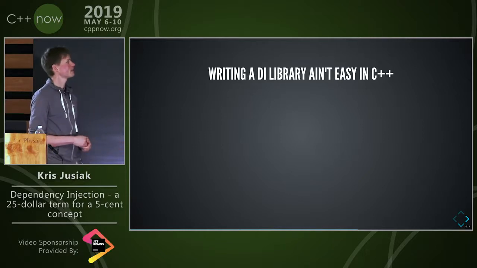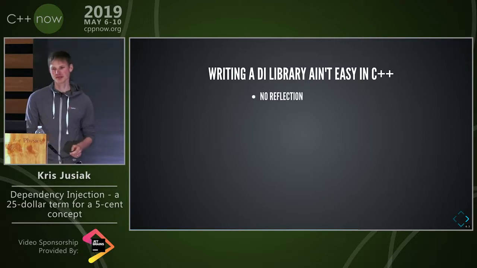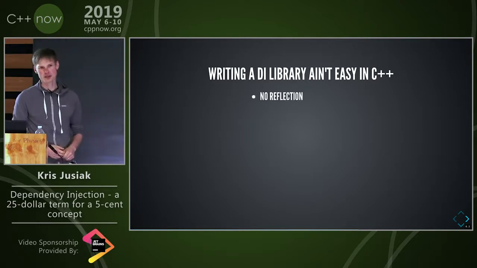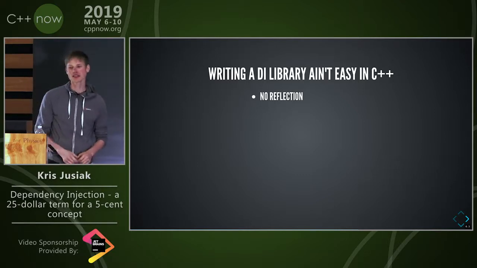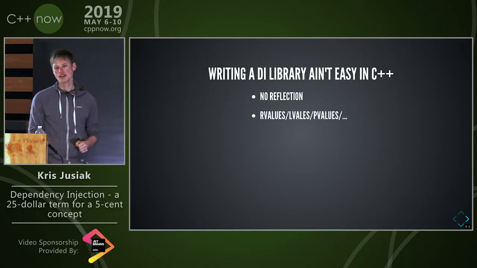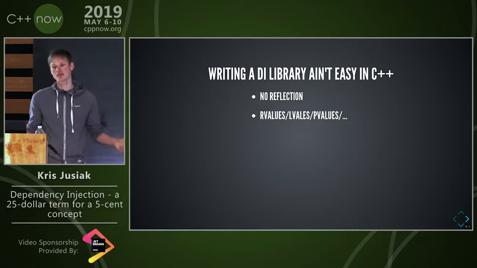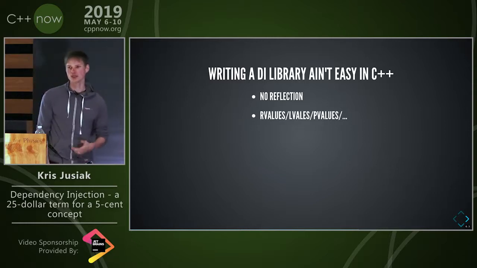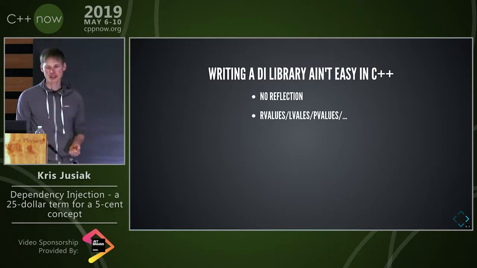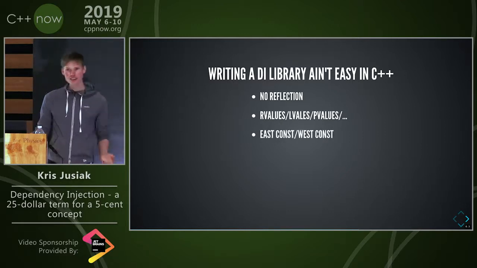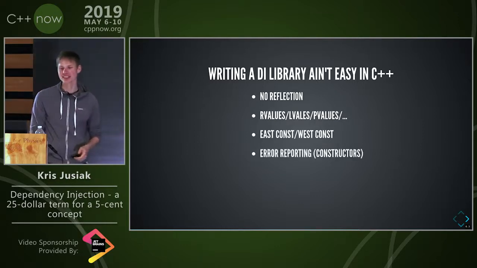But all in all, writing a DI library is not easy in C++. I can tell you that because I wrote one. There's no reflection, so it's hard to deduce the constructor parameters. You have to do a lot of TMP magic to make that happen, but it's possible. We have all these rvalues and lvalues passed to the constructor, which is like, oh my gosh, what to do with that? You have to get the object lifetime dependencies right. You have east const, west const. DI has to handle that, and actually it cannot care about it.